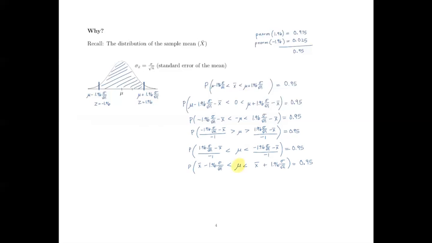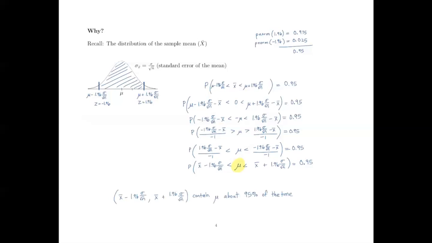So now mu, the population mean, is on the inside. This is saying that in repeated sampling, if we're considering lots and lots of different x bars, the probability that this interval, x bar minus 1.96 sigma over the square root of n to x bar plus 1.96 sigma over the square root of n, contains mu is about 95% of the time.